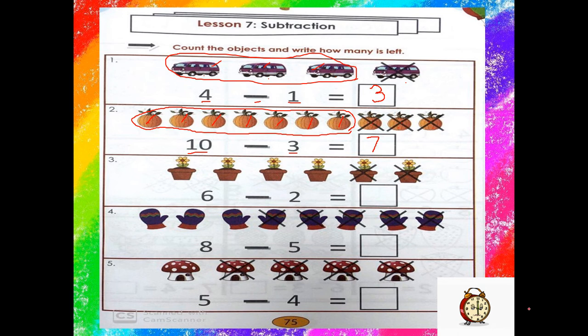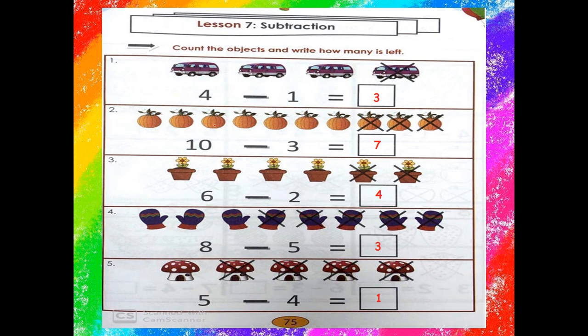Okay, now let's check if your answers are correct. Okay. So here in number 1, we have 4 minus 1 equals 3. In number 2, we have 10 minus 3 equals 7.